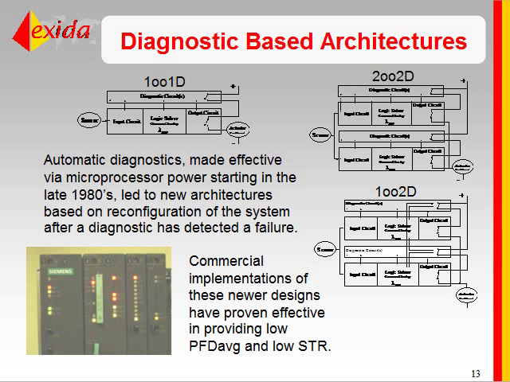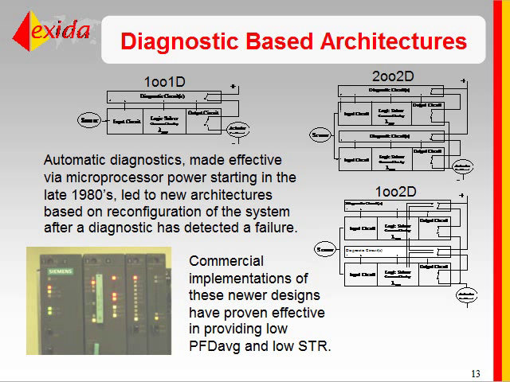Many of the PLC manufacturers who were designing products in the mid to late 80s realized that the automatic diagnostic capabilities of the microprocessors could be used to greatly impact both safety and system availability. Diagnostics can be used to increase safety and reduce false trips.